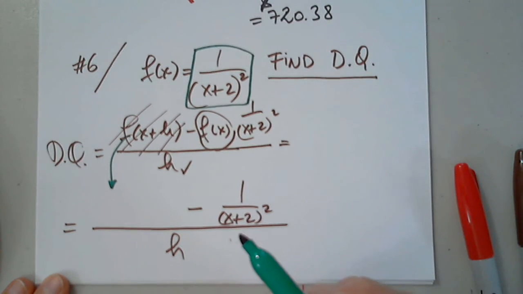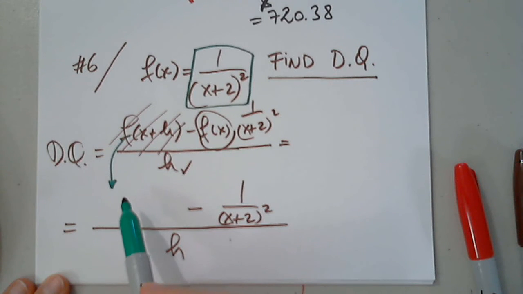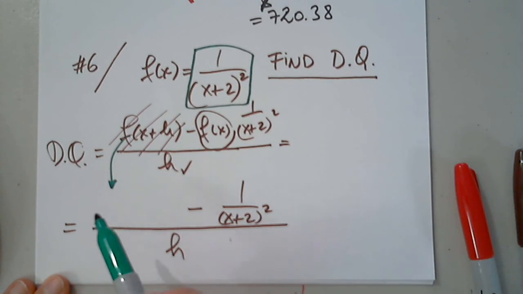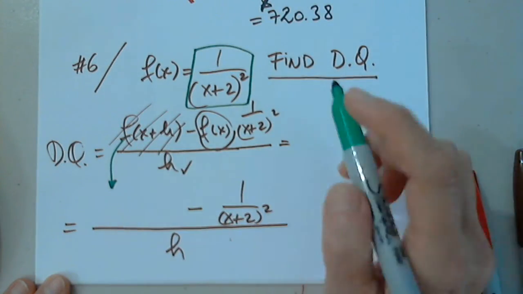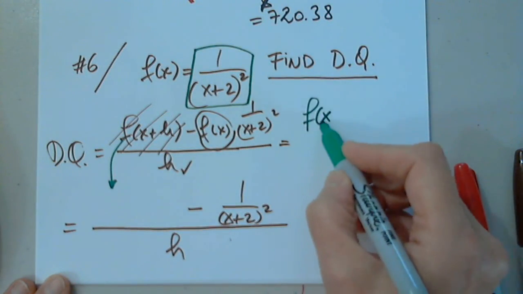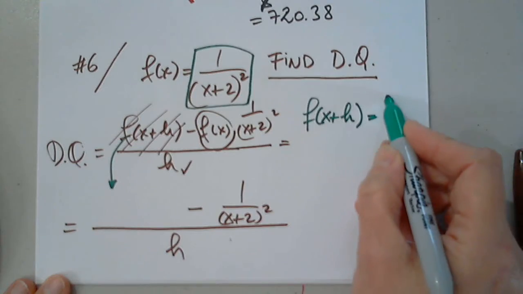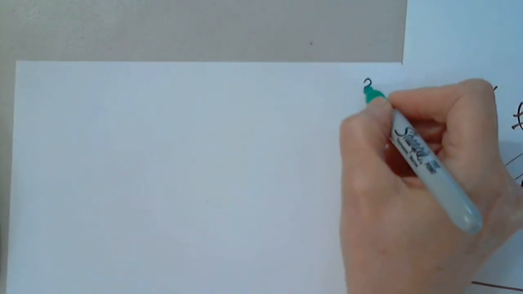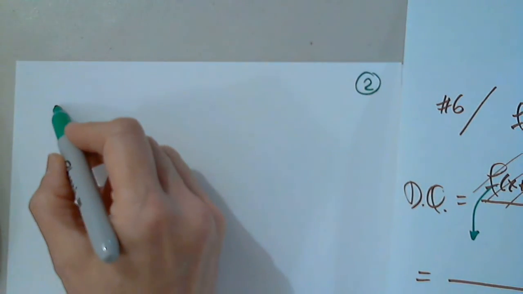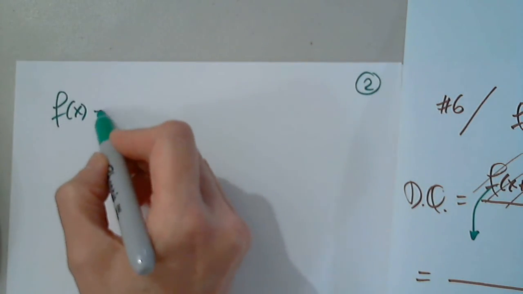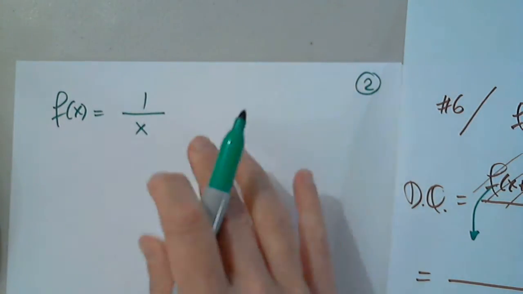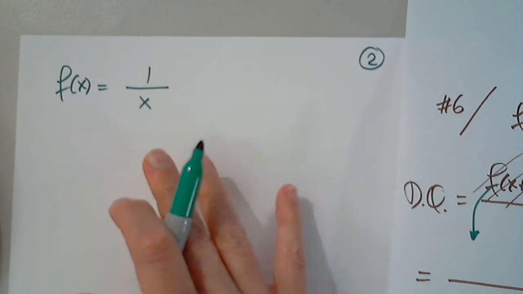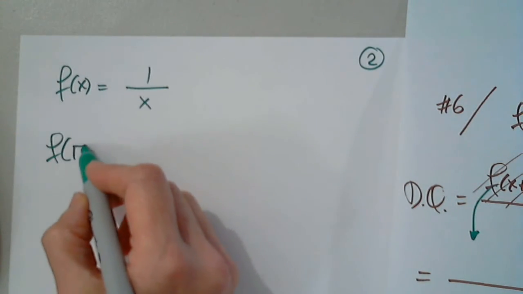So you would put the f of x into the x. I cannot put f of x into the x. So what does f of x plus h mean? Okay, so let's talk about that for a moment. If you give me this function, let me tell you what I see.